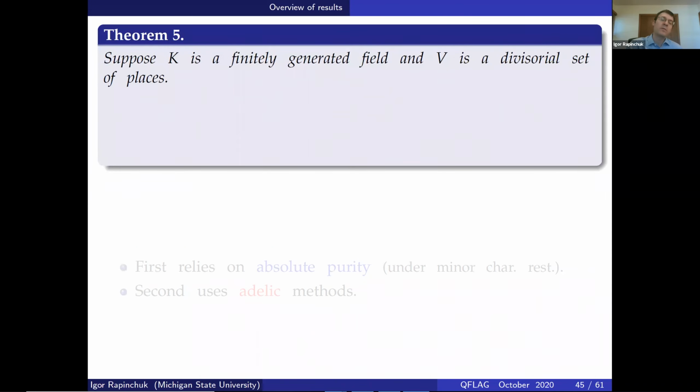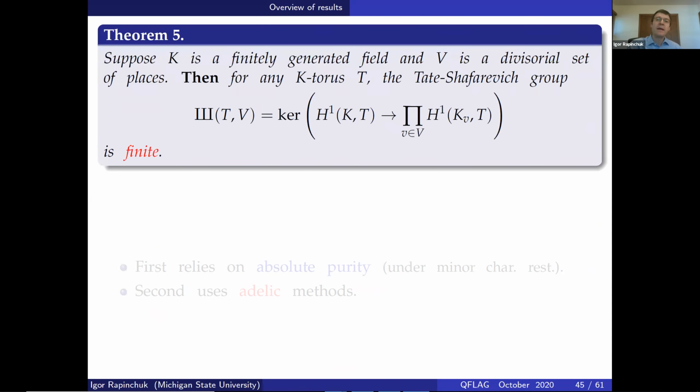Now, we've also resolved our conjecture concerning the properness of the global to local map. So we've shown that if K is a finitely generated field of arbitrary characteristic and V is a divisorial set of places, then the corresponding Tate-Shafarevich group is finite.